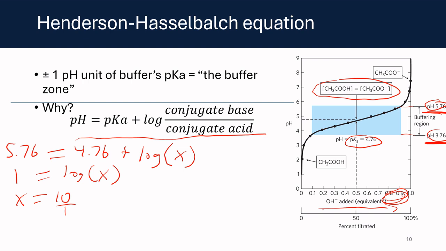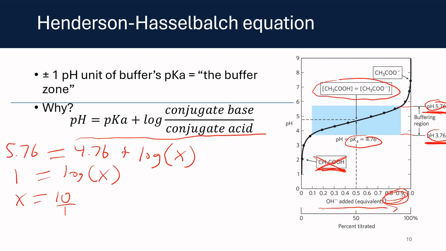So you would imagine that we've exhausted quite a bit of our acetic acid. That is why the conjugate acid is so small and the conjugate base is much larger. And as we go beyond this buffering point, that numerator is going to skyrocket.